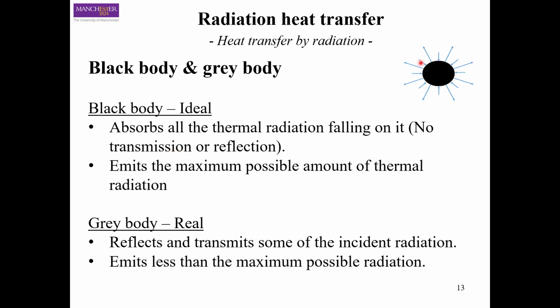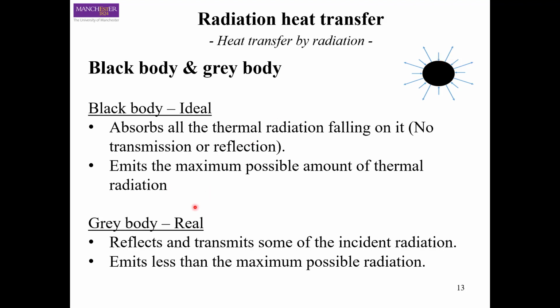Everything that falls on this object gets absorbed. That is one condition of a black body. The second feature is that a black body can emit the maximum possible amount of thermal radiation. In other words, whatever it absorbs can be emitted completely from this object.